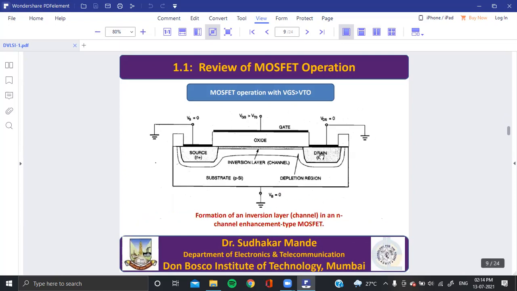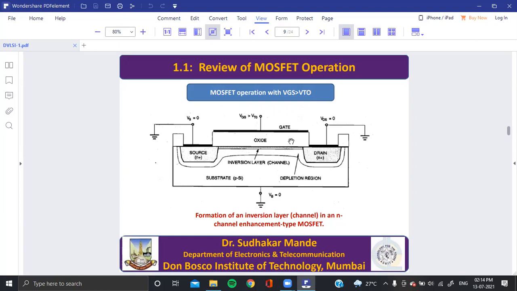But when we apply gate to source voltage greater than threshold voltage, VTO is threshold voltage. When it is greater than threshold voltage, can you see here inversion layer of electrons just below the oxide? Can you see my pointer? That is generated. So it is mentioned also inversion layer, channel.